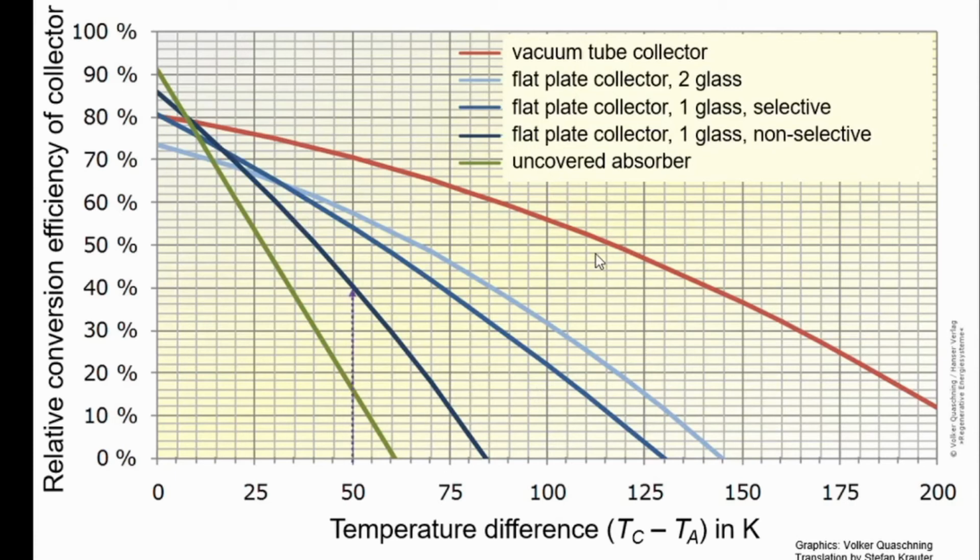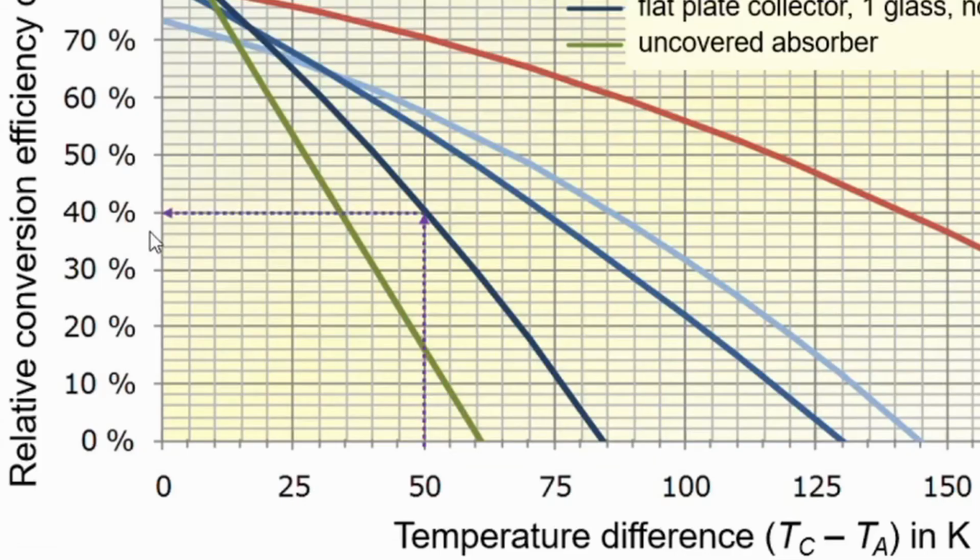So we take a look here. We have a temperature difference of 50 Kelvin for the dark blue, the non-selective absorber. We have a conversion efficiency of 40%. And if we go up here for the same temperature difference, but to the collector with a selective absorber, we have a conversion efficiency of 54%.